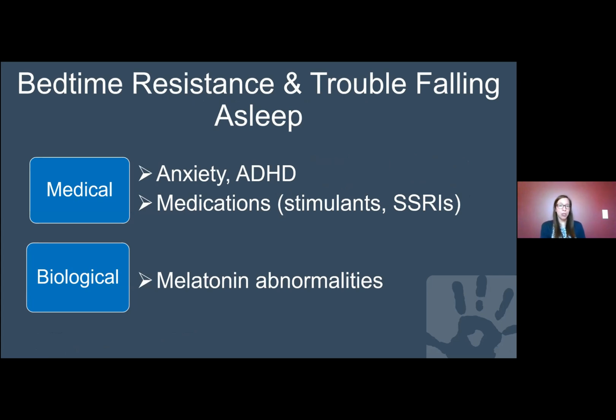And then ADHD: if your child has a diagnosis of ADHD, kids are just more hyper, more on the go. They have a little more trouble calming down their body. And so putting into place some of the things I already mentioned is even more important for these kids, as well as treating them well with appropriate medications and coping and behavioral strategies.